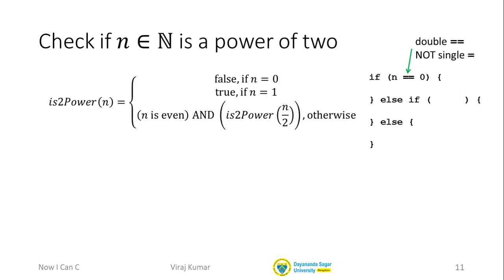So we would write code like this: if n double equals 0, and that would handle the case when n is 0. We'll decide what to do there. And similarly, if n is 1, we'll write n double equals 1, and then we'll handle the second case. And then lastly, in the else, we'll handle the third case. So with all those in mind, let us now try and write the code, and then we'll come back and discuss this further.